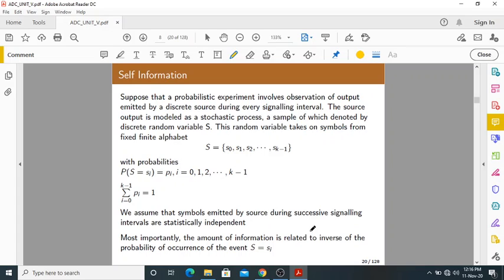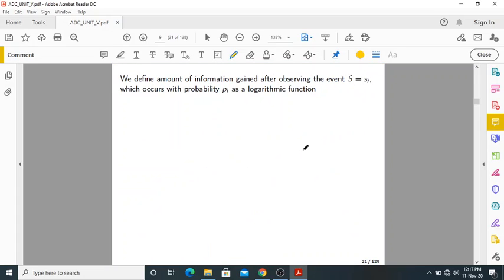As I told you just now, the information is inversely proportional to the probability of occurrence of that event. This is the information that we get from the occurrence of any event. We call it I of Si. What does this indicate? The information gained from the symbol Si.